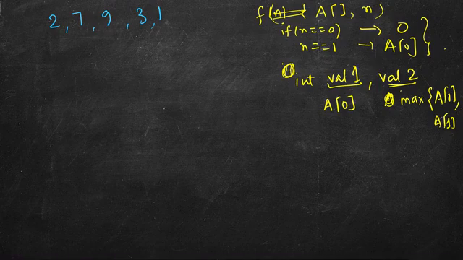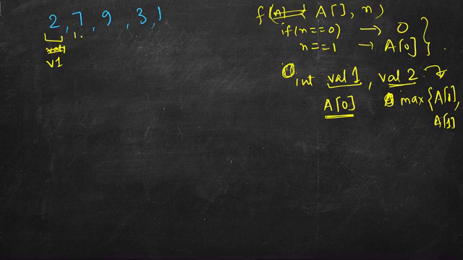You can name it in a better way, previous and current. So val2 will be max of these two, and val1 will definitely be a0 initially, because if we have one element, this is the maximum. So this is val1, or let's call it v1, and v2 will be solution till here, current. So it will be max of these two. So v2 will be max of these two, that is 7. So this is 2, this is 7.